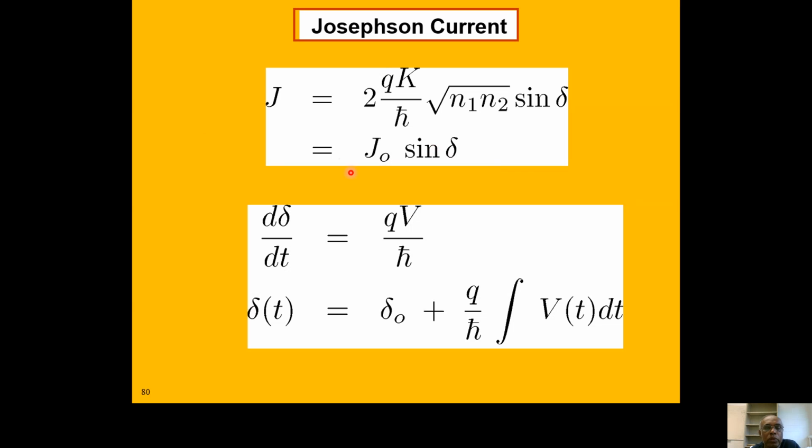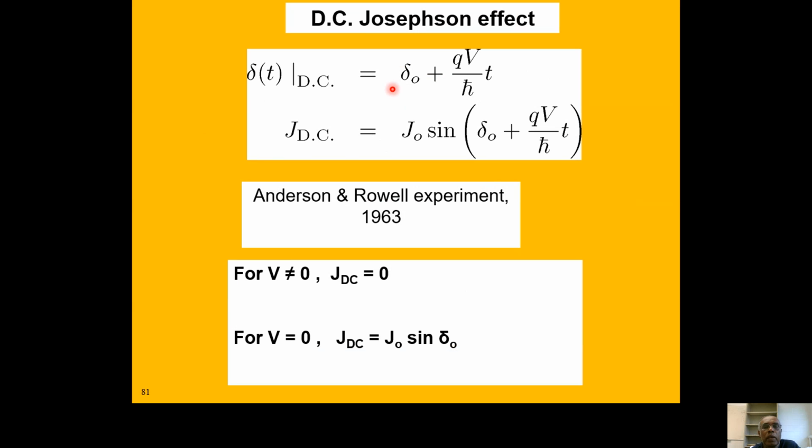An important thing: we also know d delta over dt is qV over h. So if you integrate this, you have delta 0 plus this term. This is where I'm going to introduce zero voltage and a finite voltage.